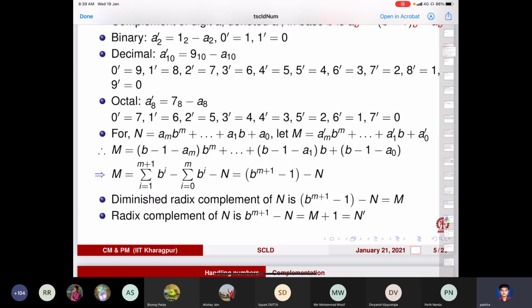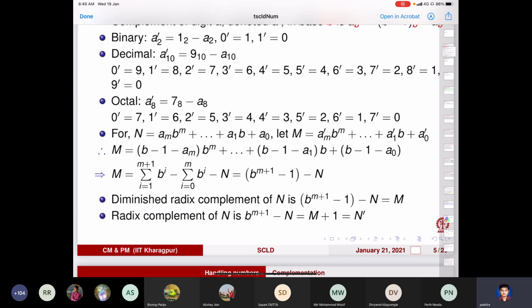Okay, so one more thing: this is just a matter of definition. I'm not justifying why this definition or anything. I'm just defining it this way. Diminished radix complement is nothing but you just complement, you just flip in binary, every digit. And radix complement is you add 1 to it, and let us denote that by n prime.